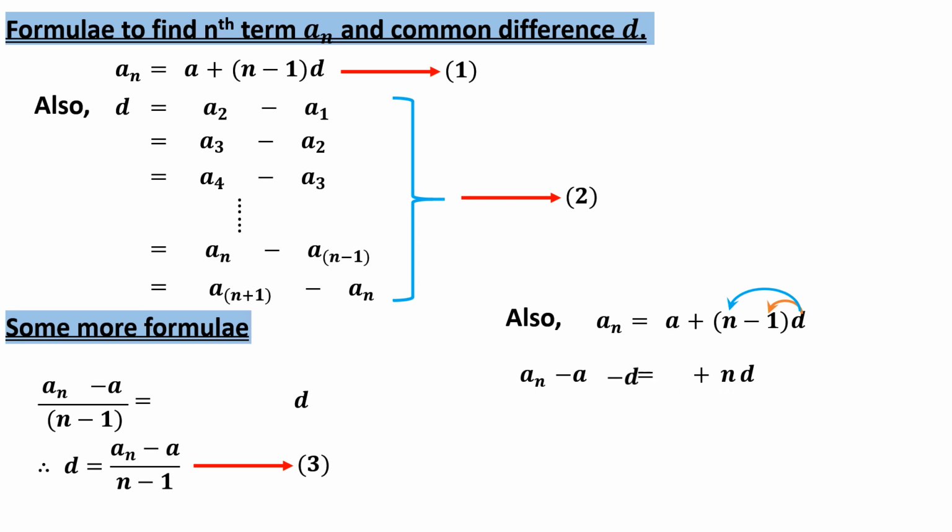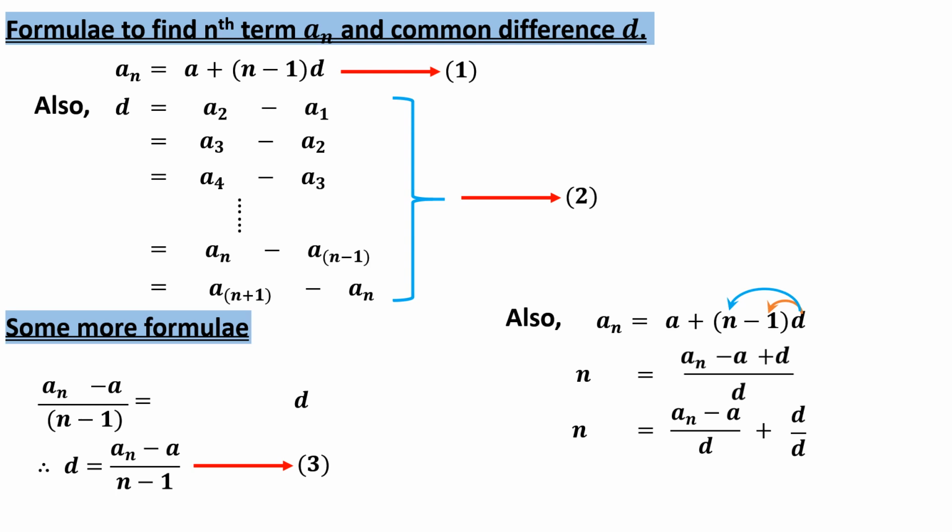Also transpose minus d to the left hand side. It becomes positive. Now bring d to the left hand side. It divides an minus a plus d. Therefore, we have another formula here. N equals an minus a plus d whole divided by d.